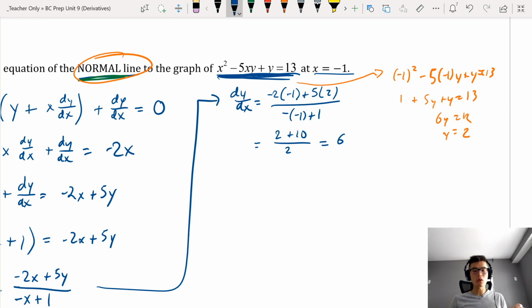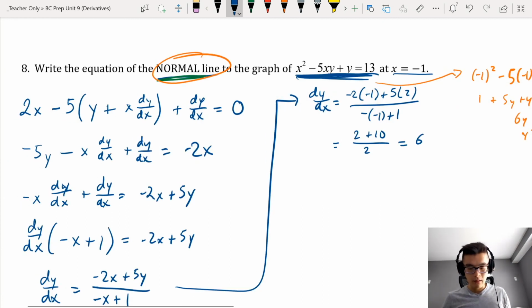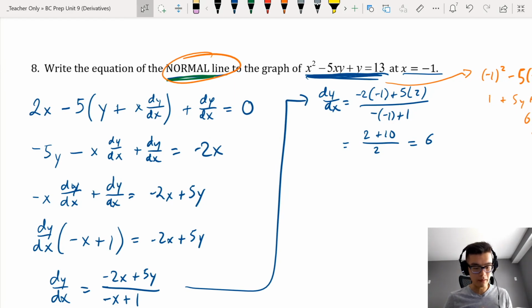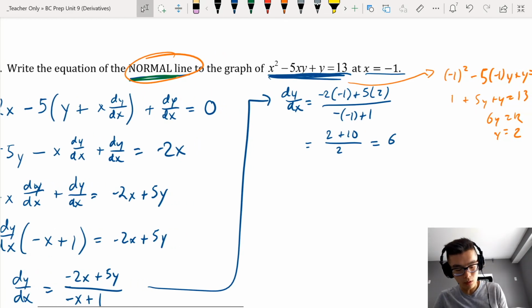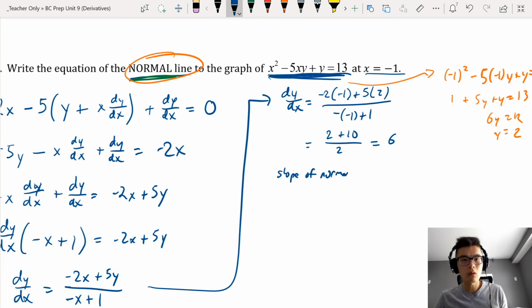So we know the slope of that tangent line is 6. To find the slope of the normal, recall when we do perpendicular lines, we take the reciprocal of the original slope and then slap a negative. Simply just like that. That's all it is.